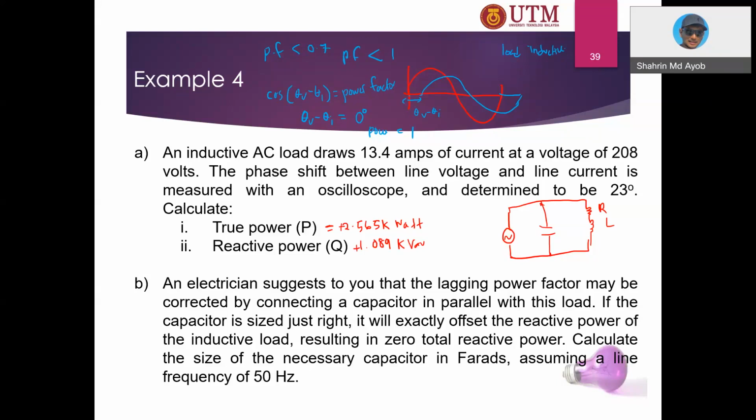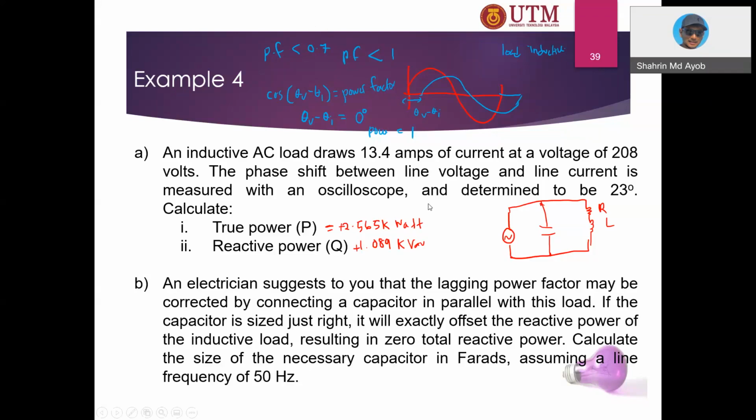So it is a requirement for the resident, the owner, to make sure that the power factor is always larger than 0.7. I will explain this later, but I want to relate it with this example.